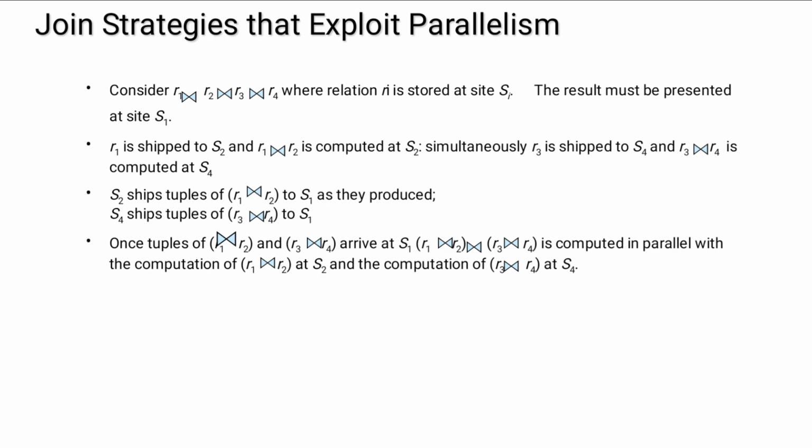Only 2 sites participate, S2 and S4. S2 ships tuples of R1 join R2, S4 ships tuples of R3 join R4. Both are shipped to S1. Once the tuples arrive at S1, we compute the join of both of these in parallel, so that we can get the result at S1 itself.